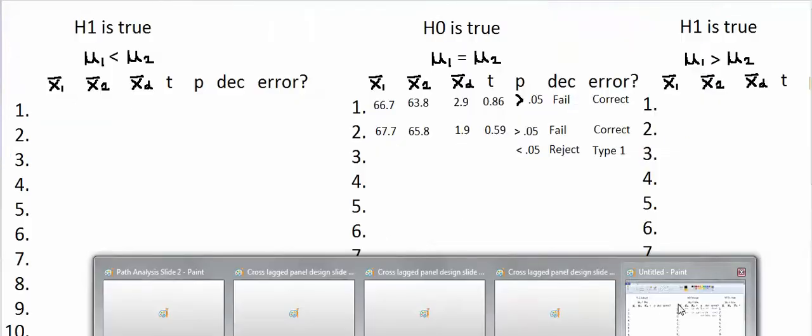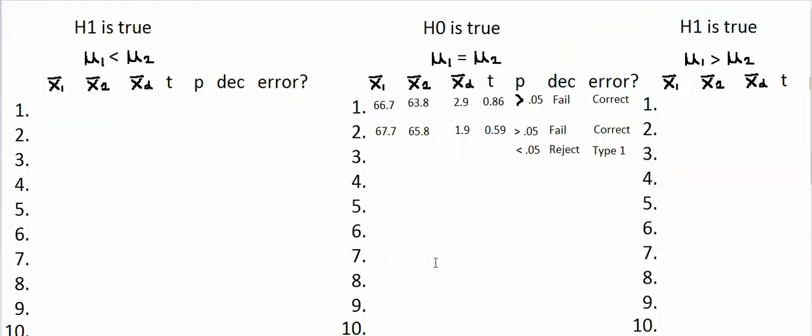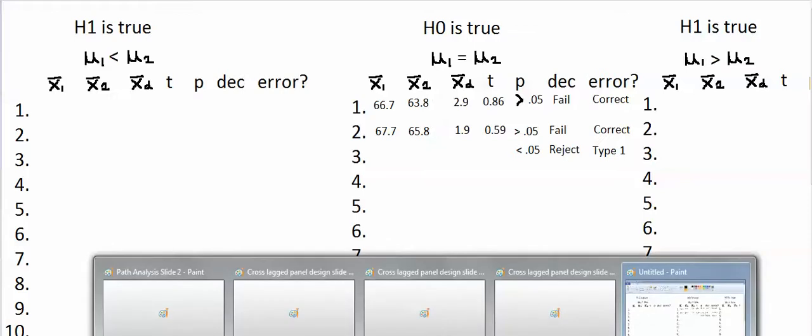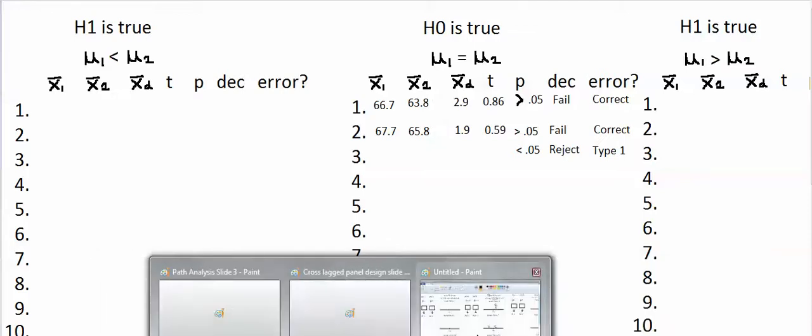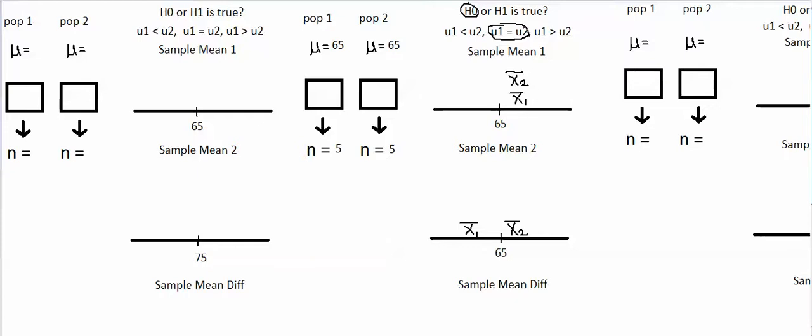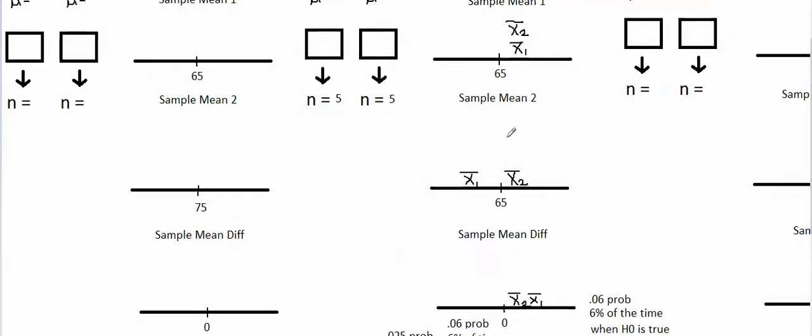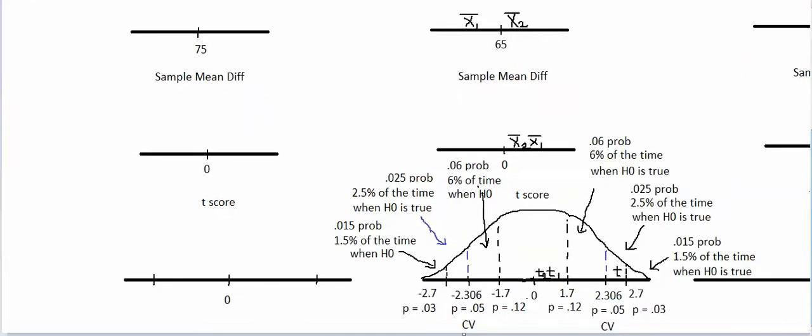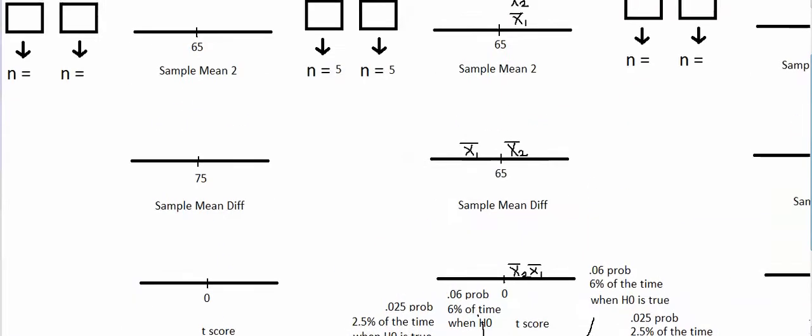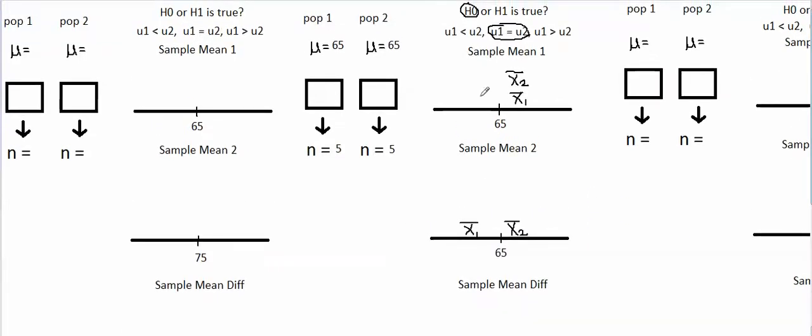In other words, once you've done these simulations with the null hypothesis being true, and you've also plotted all of your outcomes, sample mean 1, sample mean 2, the difference, and the t for each of your simulations, I want you to move on to this other simulation over here. I want you to do 65.